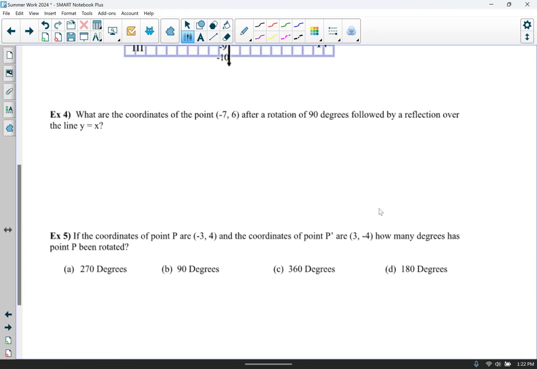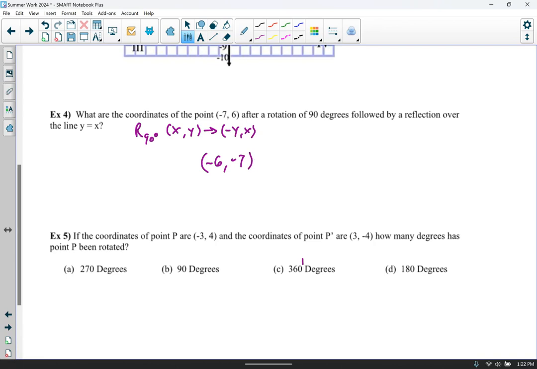We can also use our rules to help us with just rotating points. What are the coordinates of the point (negative 7, 6) after a rotation of 90 degrees followed by a reflection over the line y equals x? Ooh, so we're getting to do 2 here. That's good. All right, so first we're doing a rotation of 90 degrees. So I'm going to use that rule. (x, y) goes to (negative y, x). So that means that (negative 7, 6) is going to become (negative 6, negative 7).